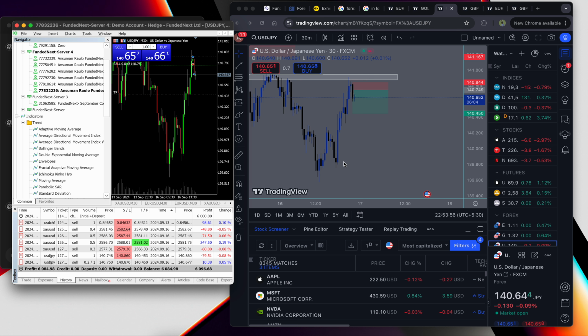Means if the dollar is bullish, then USD JPY will be bullish. If the euro is bullish in the London or New York session, then the whole pair will be bullish.